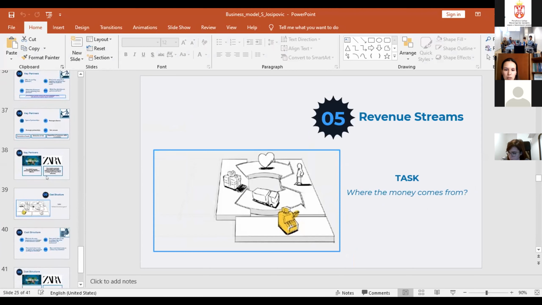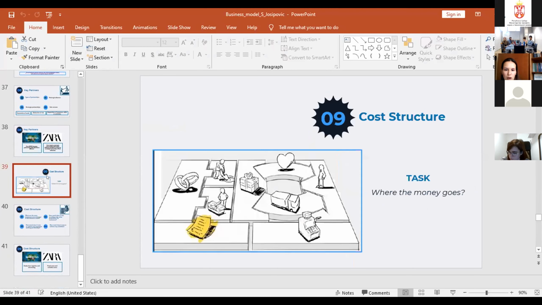But now we are at the end of our business model canvas, and we must ask a different question. How much is it going to cost the entrepreneur to run this model? Does he have money to implement this business model? So we must give a snapshot of where the money goes.